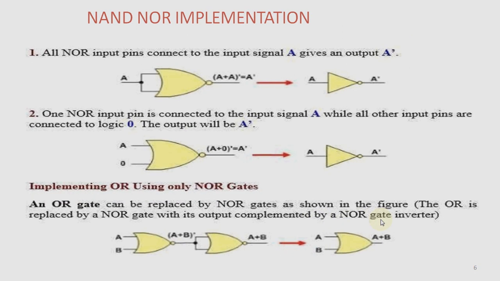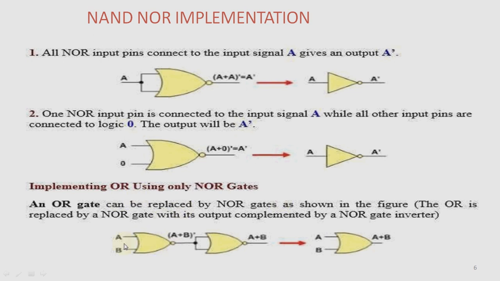Now we come to the NOR implementation. First we make a NOT gate through the NOR gate, and here we can see how we applied it. Both inputs are combined, so we get the complemented output, and this becomes the NOT gate.